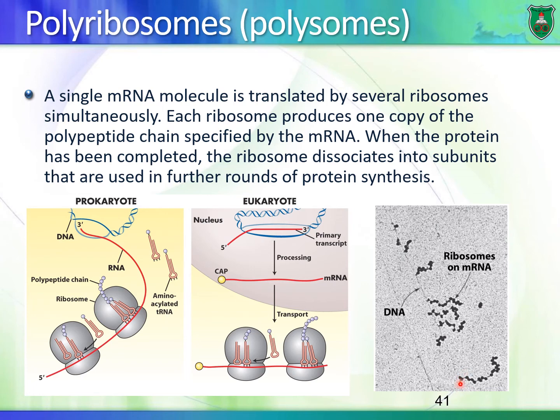Why? Because this is the first one that has started reading this messenger RNA, and it's waiting for more messenger RNA to come out of the RNA polymerase. I hope this is clear, so you can look at it this way. The one that is closer to the 3' end is the one that has the longest polypeptide.